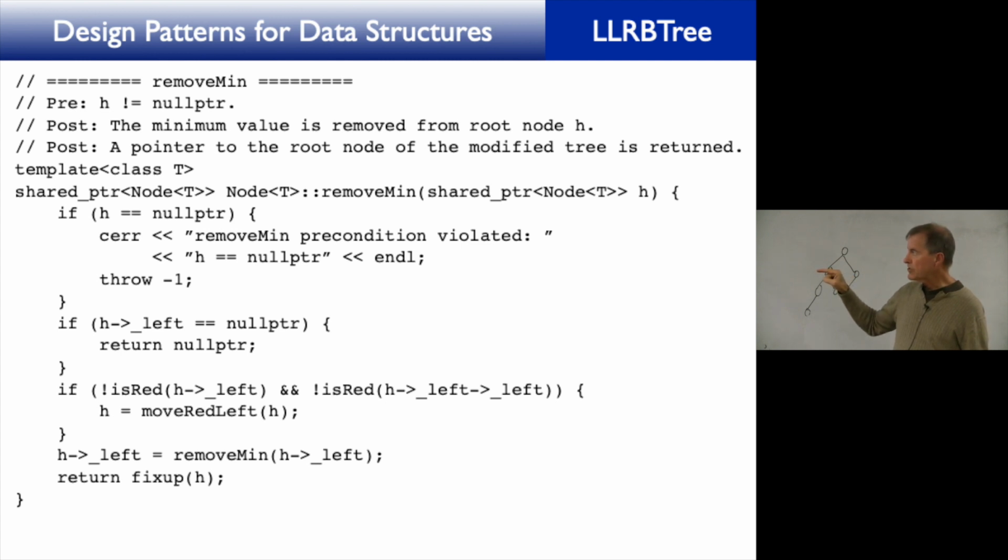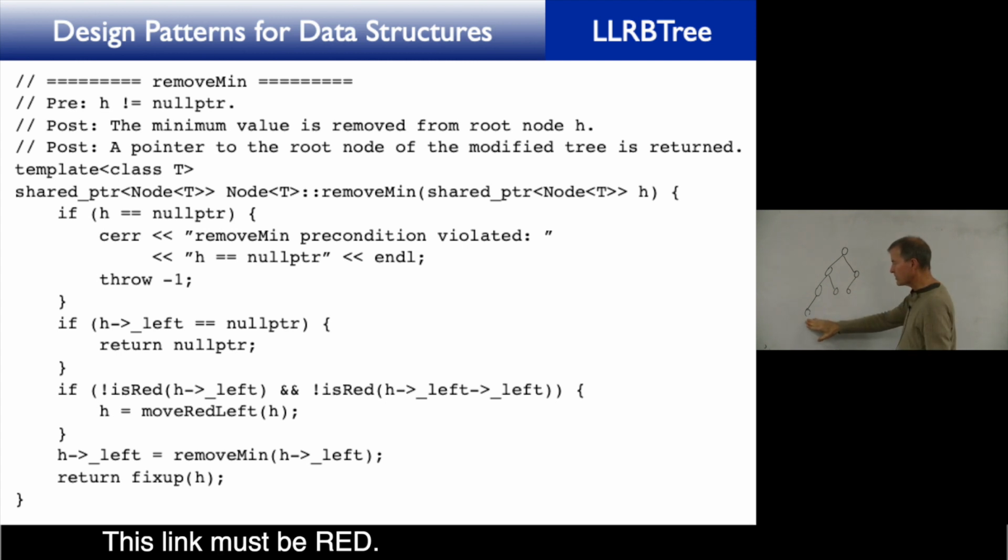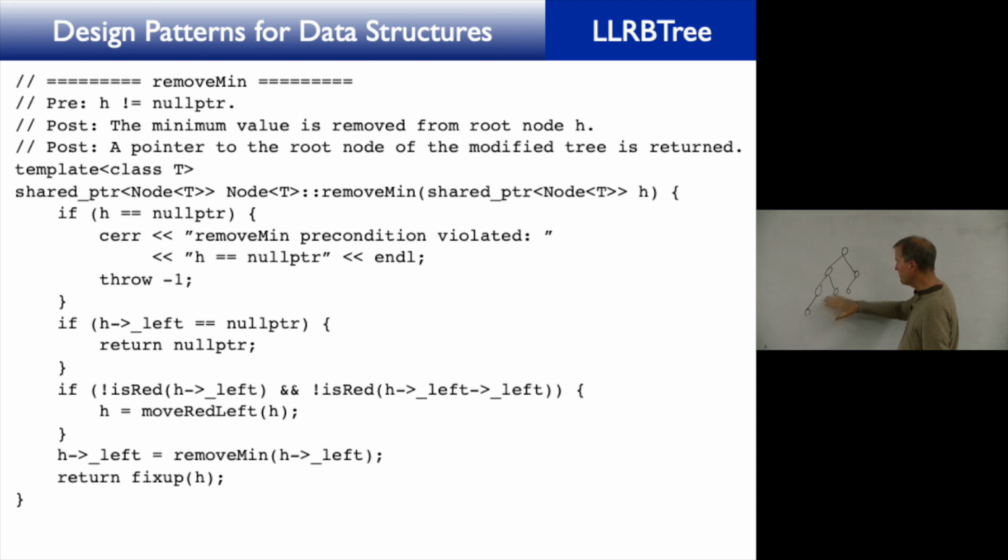And the postcondition is that the minimum value is removed from root node H. There might be some other nodes down here, some of these might be red and some might be black, but the minimum is going to be here. This could be red or it could be black. If we call it with H pointing to this node, the postcondition is that a pointer to the root node of the modified tree is returned with this minimum gone. Does everybody see what that does?